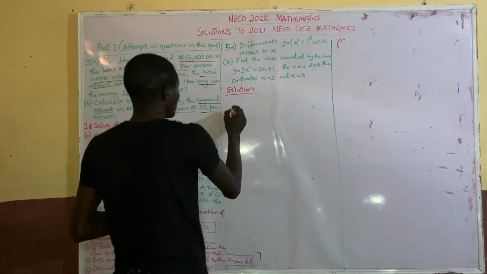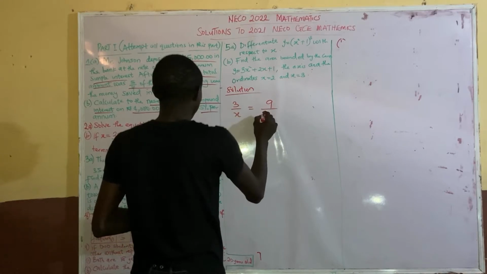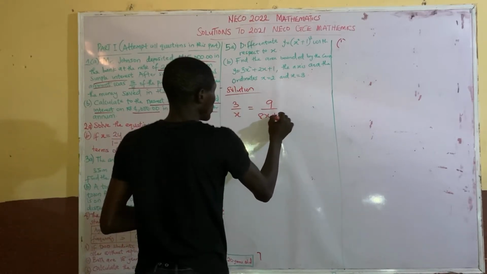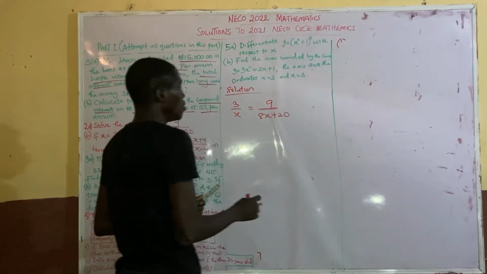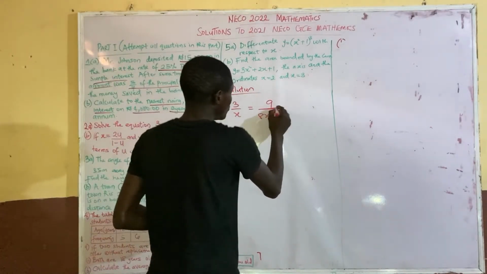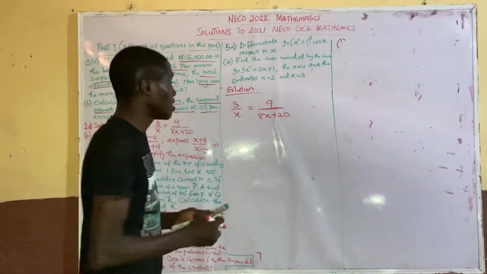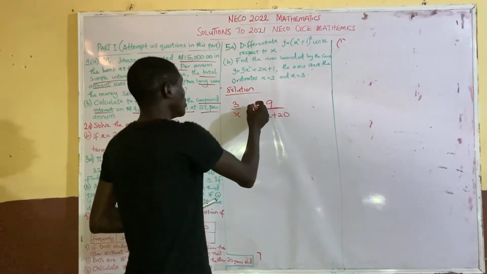Solve the equation 3 all over x equal to 9 all over 8x plus 20. Now this is a simple equation that needs to be solved under 30 seconds or 1 minute. So you cross multiply.